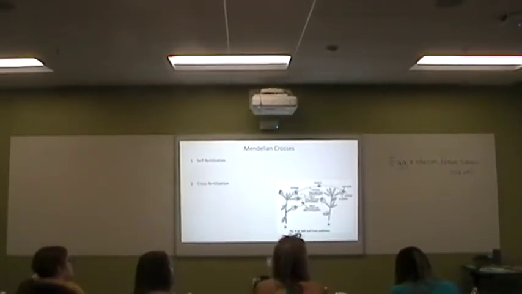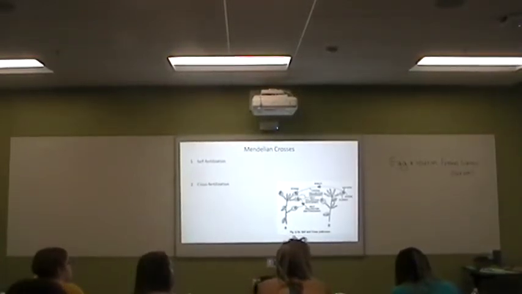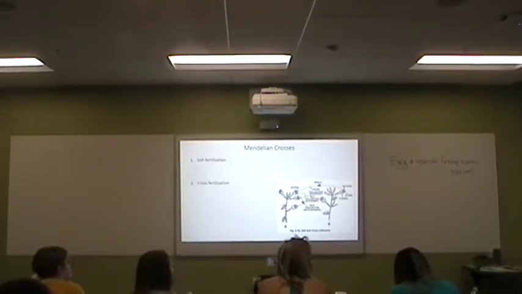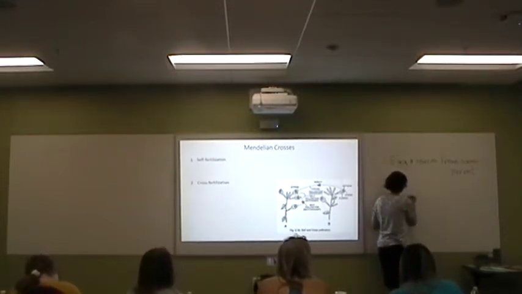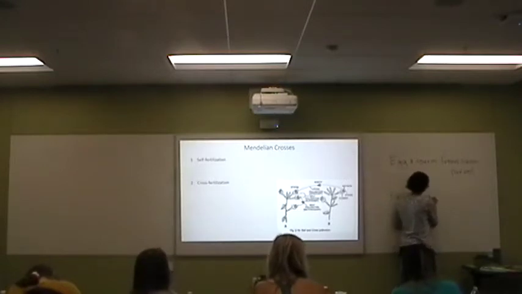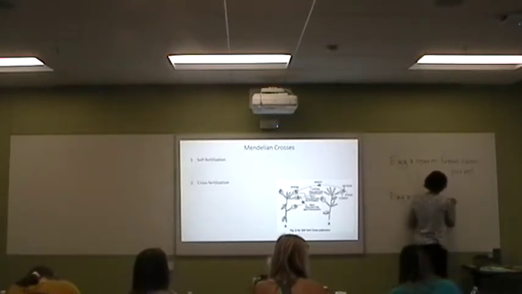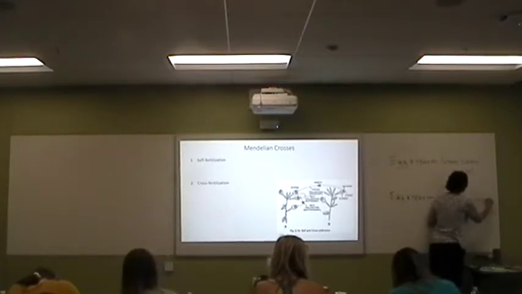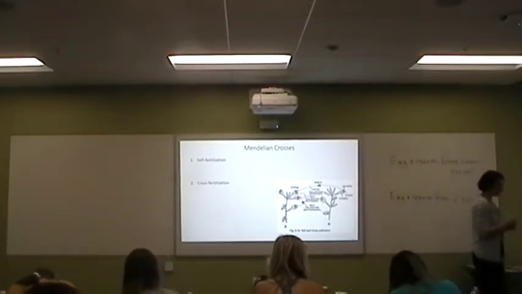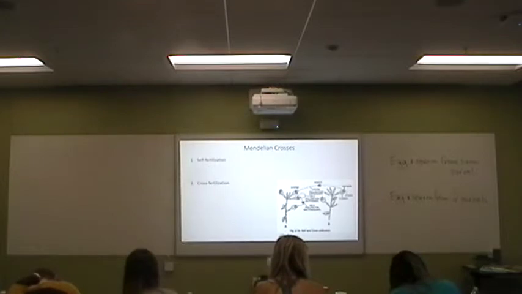Okay, so it's not the same thing as asexual reproduction. So for cross-fertilization, then we have egg and sperm coming from different parents. Right, so we have two parents that are contributing to the offspring instead of just one.